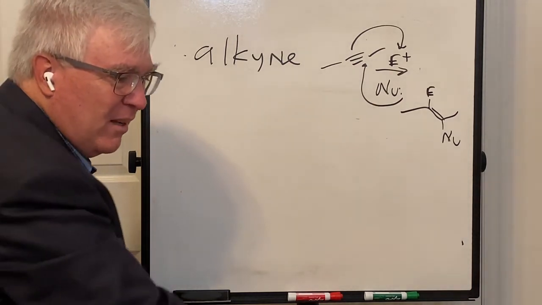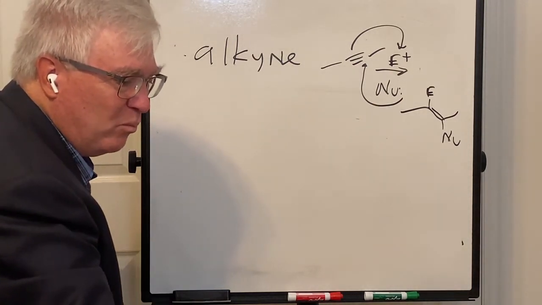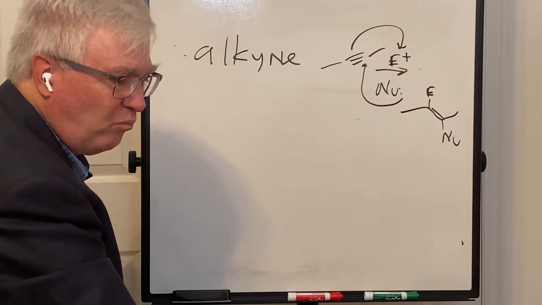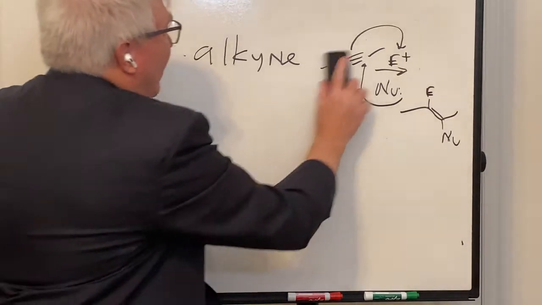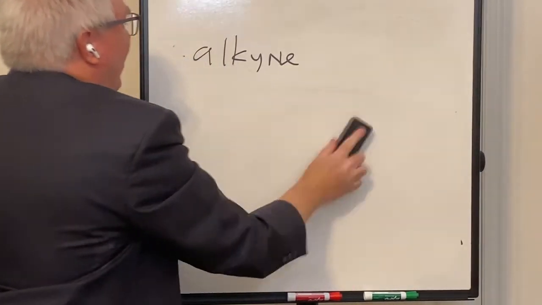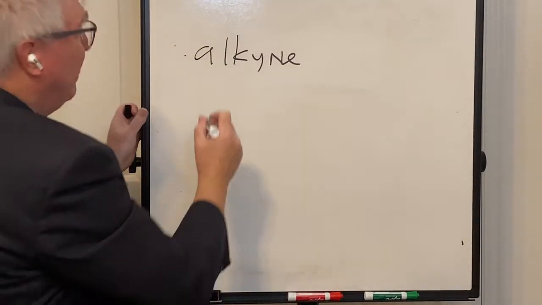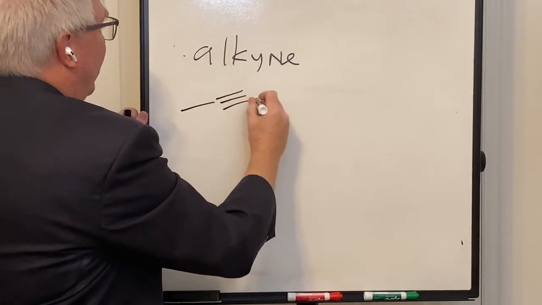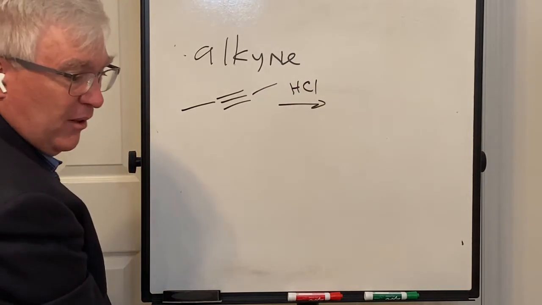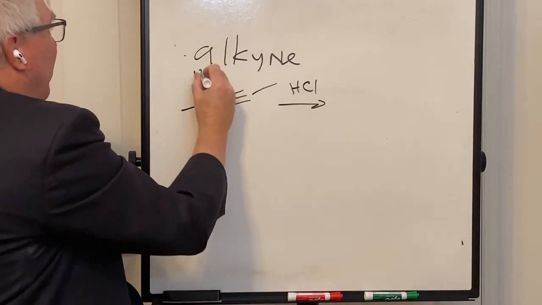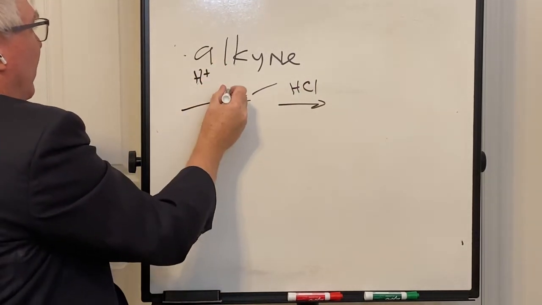What are we going to do? Let's do hydrohalogenation first. So our first H reaction, hydrohalogenation. We've got HCl. Let's do this one first. So what do we have here? We have a proton, okay?